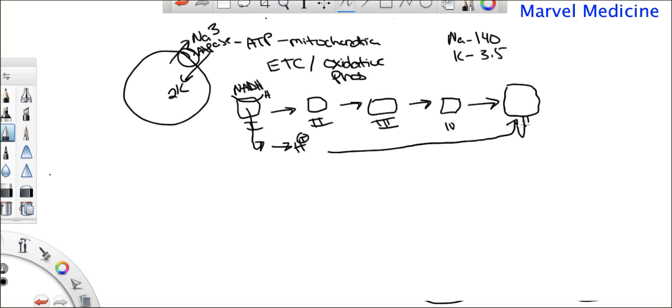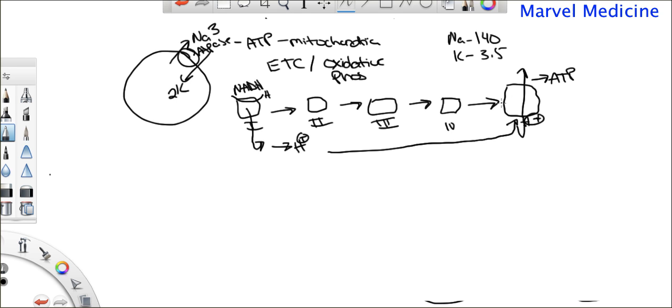And we have all the hydrogen here. Think of it like a waterfall, where the pressure of the hydrogen is driving the windmill. Not the windmill, but basically the thing that turns with the water. Okay, this hydrogen will go up and through complex 5 and make ATP.